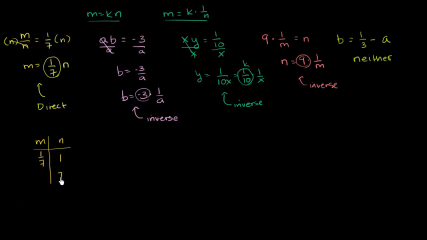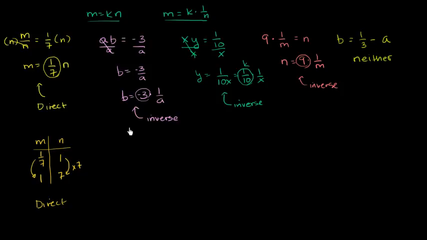And when n is 7, m is going to be 1. So if n is scaled up by 7, then m is also scaled up by 7, or vice versa. I could have expressed n in terms of m. But when you scale one variable up by 7, you also have to scale up the other variable by 7. Or when you scale it up by some amount, you have to scale the other variable by the same amount. So this is direct variation.